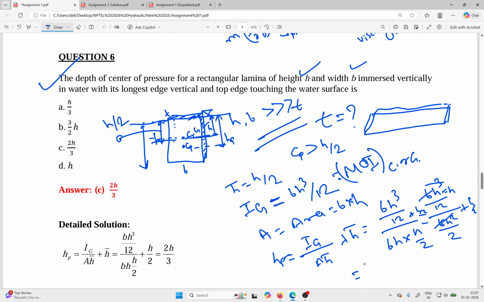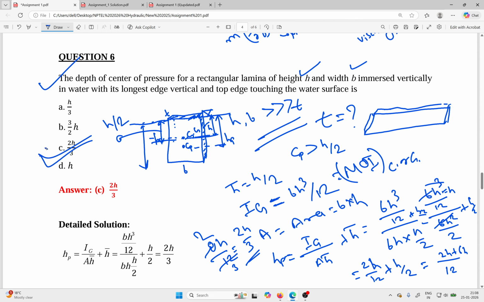So h by 6 plus h by 2, that is h plus 3h, which is 4h by 6, so 2h by 3. Four twos are eight, four threes are twelve, so 2h by 3 will be the final answer.